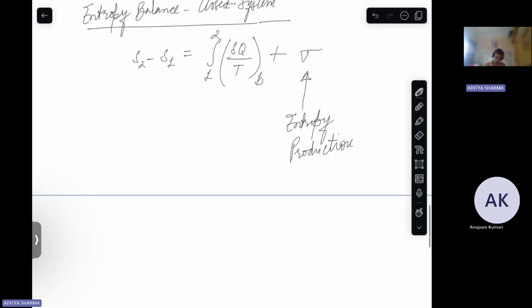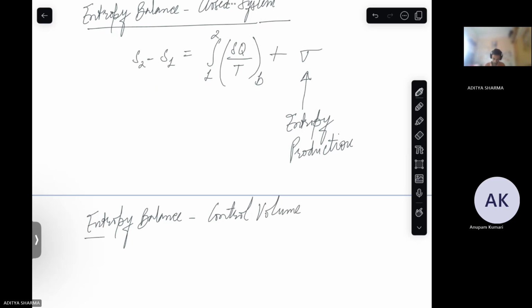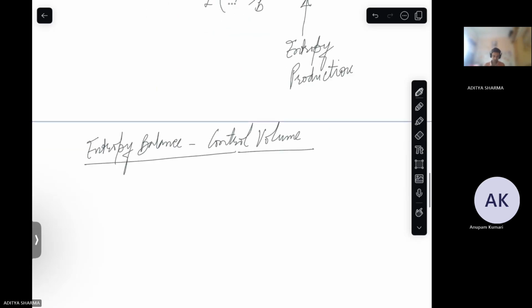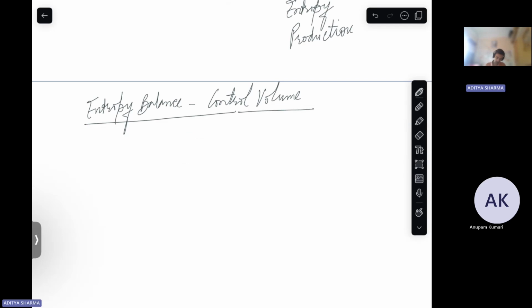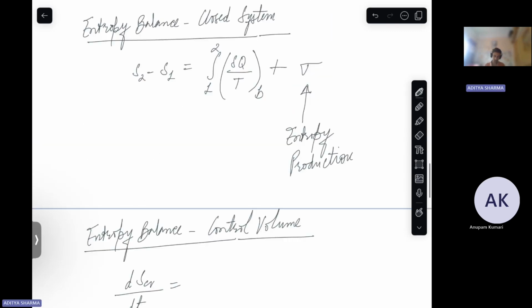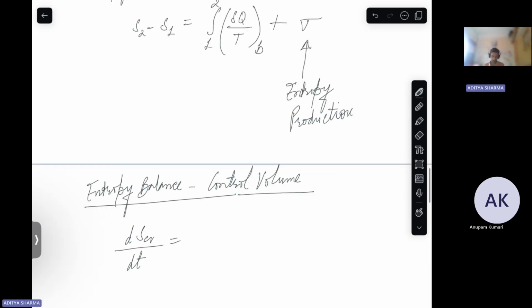Then is your entropy balance for your control volume. So for a control volume, the expression is this way. So here we define this balance by taking the entropy with respect to time.